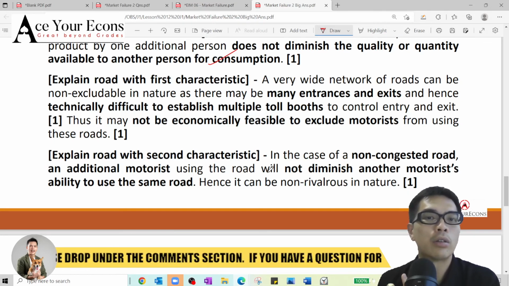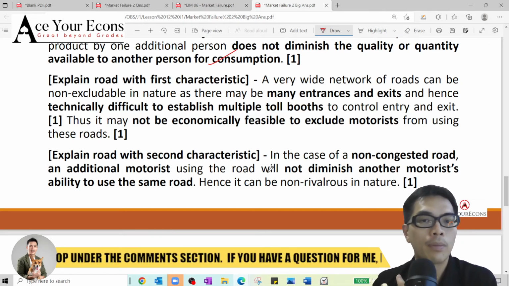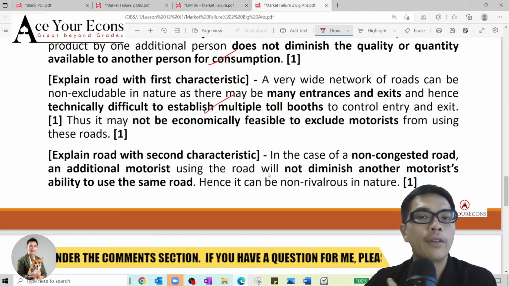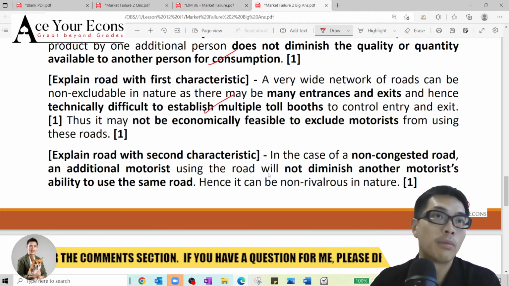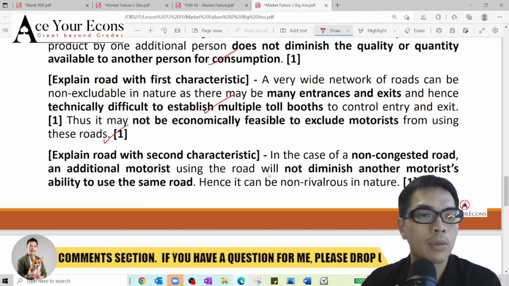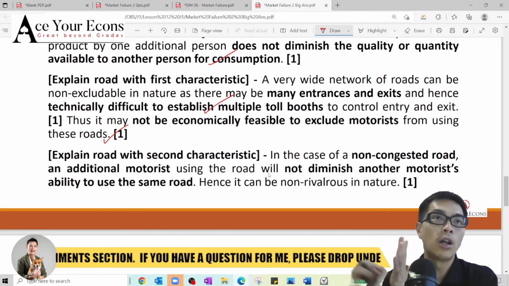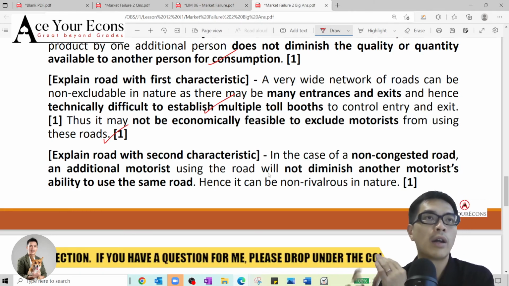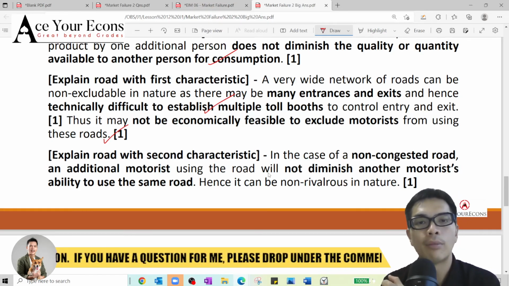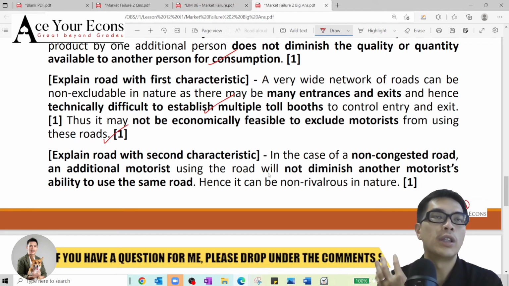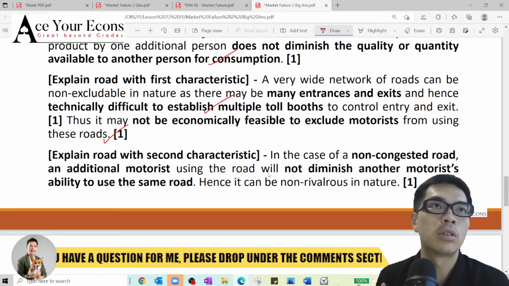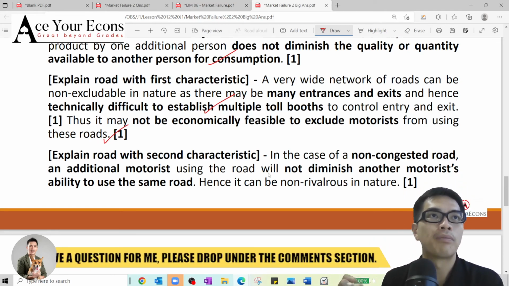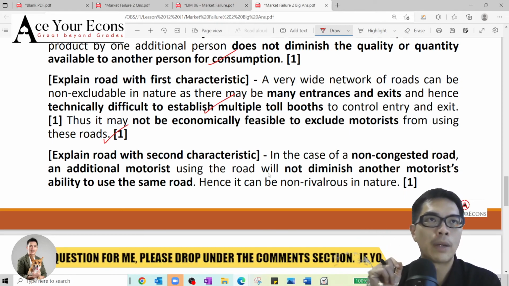It is difficult to establish multiple toll booths, and therefore you cannot charge motorists. It is going to be non-excludable. So remember, the concept tested here is to justify non-excludable. So long as there is a reasonable attempt to illustrate how it could be non-excludable, you will be granted credit. It has to be contextualized with respect to road.